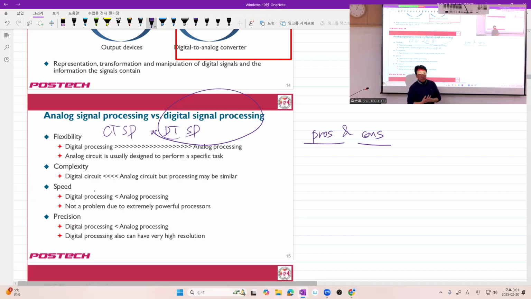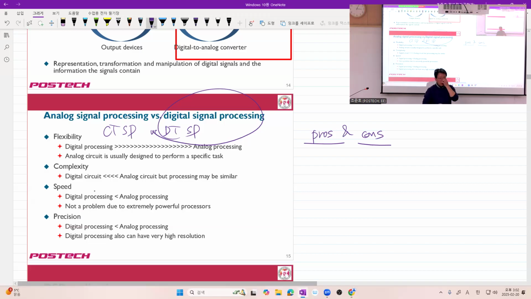Interesting thing is like this. In the US, when I was a graduate student, the popularity of analog circuit research was just going down. It's like some Korean students just got abroad and say, hey, I want to do analog circuits. No, don't do that. You will have no job. However, in Korea, due to our industry structure, analog circuit has been, and up until now has been, very, very important.